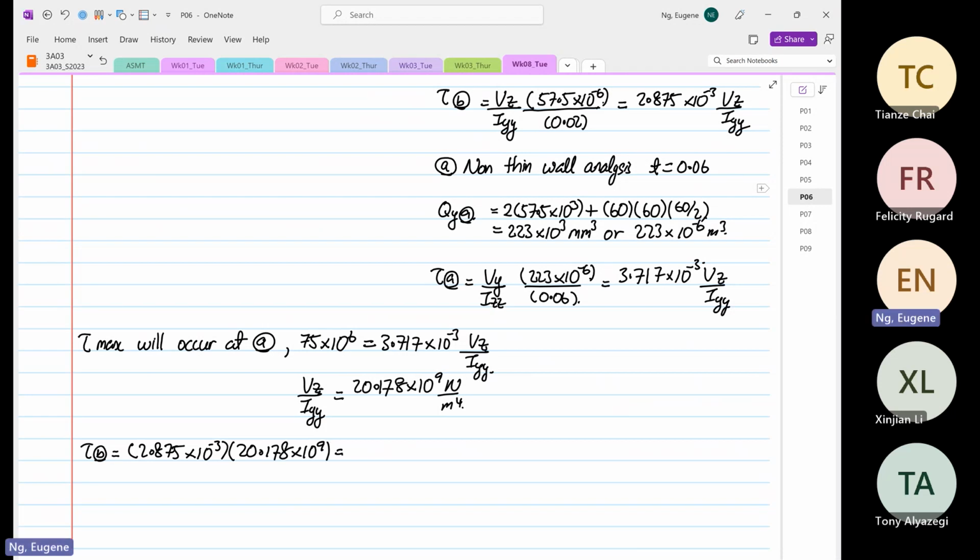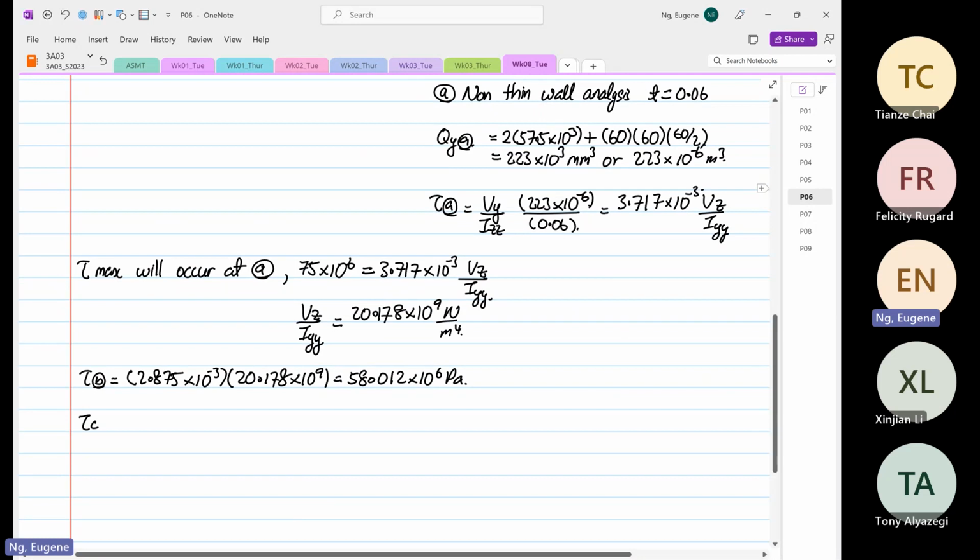So 2.875 times 10 to the power minus 3 times 20.178 times 10 to the power 9 is equal to 58.012 times 10 to the power 6 Pascal. Let me do it again: 2.875 times 10 to the power minus 3 times 20.178 times 10 to the power 9 gives 58.012.